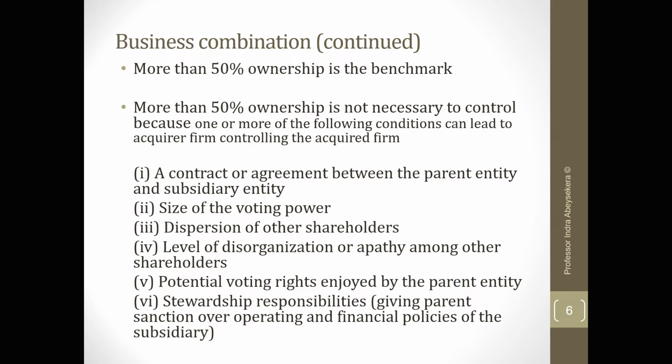There could be a contract or agreement between the parent and the subsidiary, or size of voting power of the acquirer, and the dispersion of other shareholders and apathy among shareholders can facilitate acquirer having less than 50% ownership but gaining control over the acquired entity or the subsidiary. The potential voting rights enjoyed by the acquirer, or we can call it the parent entity, also matters.